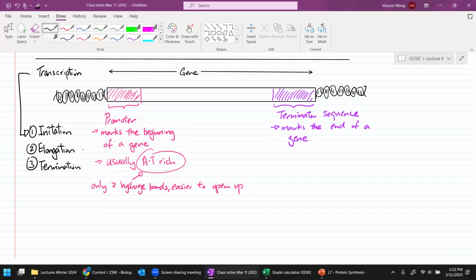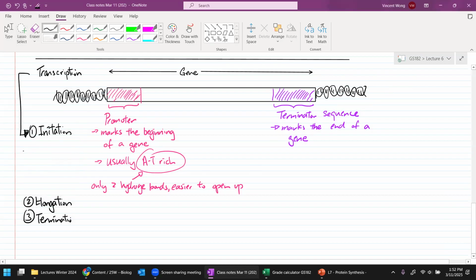What's the name of the enzyme that is going to copy the gene again? Anybody remember? That's right. So for initiation, the RNA polymerase will bind to the promoter. I probably should write this down for you. Sorry.